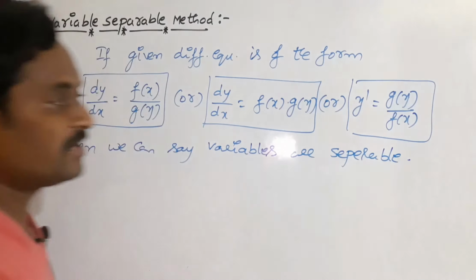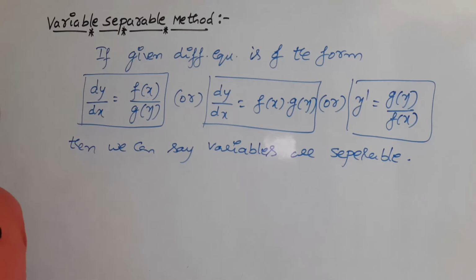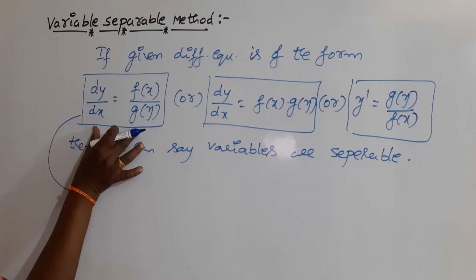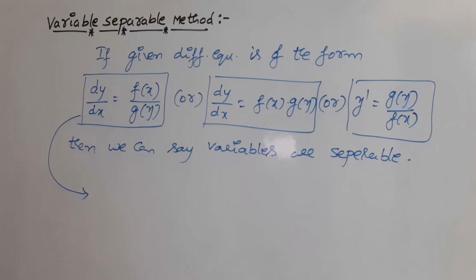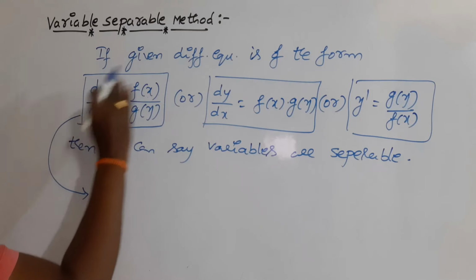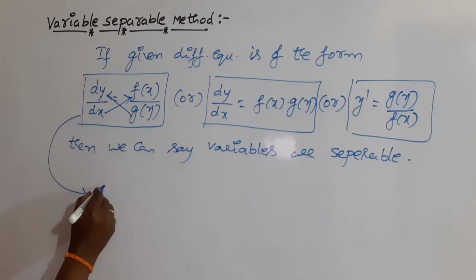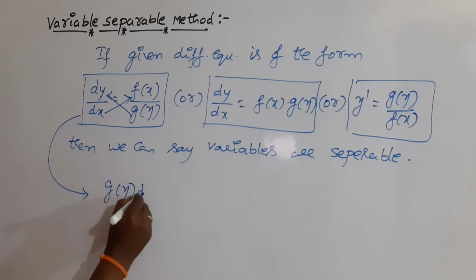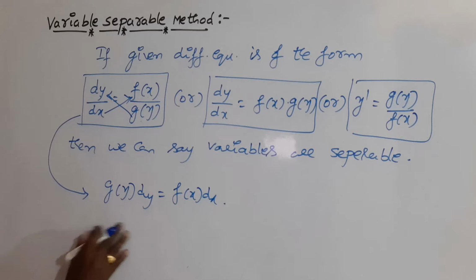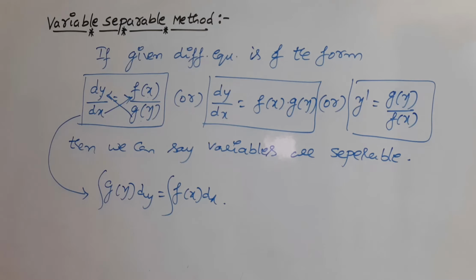It means that the given differential equation is solved by the method of variable separable. If the given differential equation is in this way, we have to bring all terms of y to the dy side and all terms of x to the dx side. By taking the cross product, you will get g of y into dy is equal to f of x into dx. This is called the variable separable method. Take integrations on both sides, you will get the general solution.